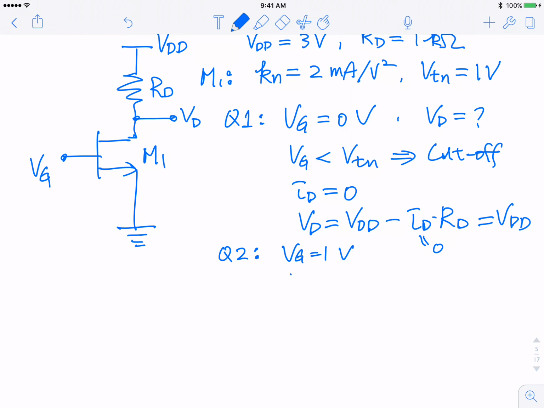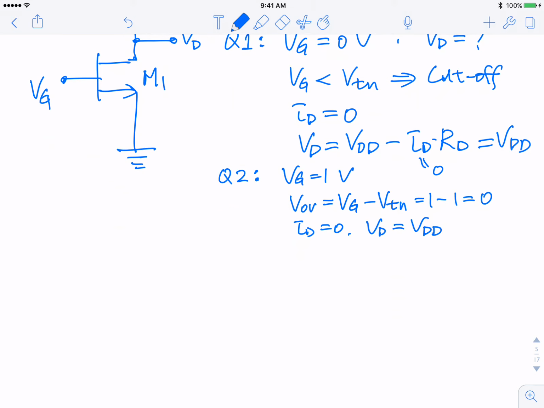V overdrive is equal to Vg minus Vtn. So 1 minus 1 is 0 volt. It's just on the verge of turning on, so still off, and the current is still 0, so ID is still 0. So Vd is still equal to VDD. But it's on the verge of conducting current. So this is almost trivial.